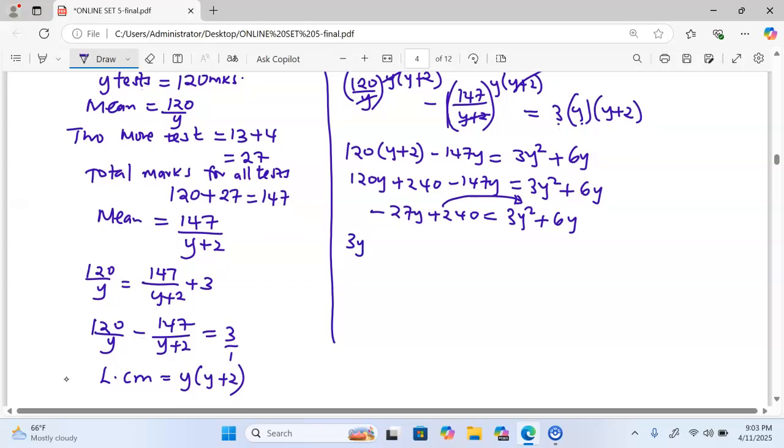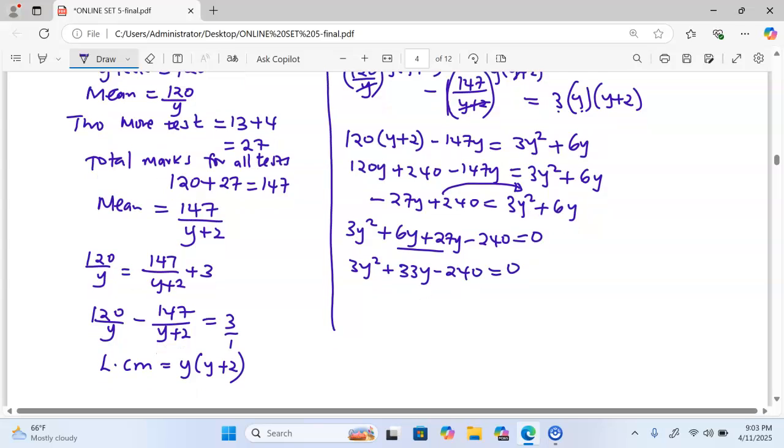We are going to have 3y squared plus 6y minus 27y crosses over and becomes positive 27y. 240 positive crosses over and becomes minus 240, and this one is going to be equal to 0. Like terms together, 3y squared plus 6y plus 27y will give us 33y minus 240, and this one is going to be equal to 0.